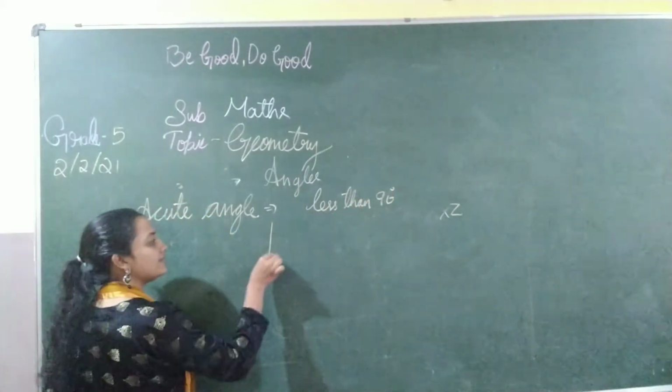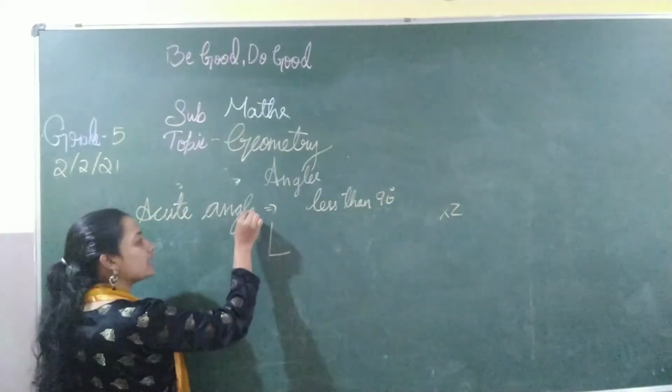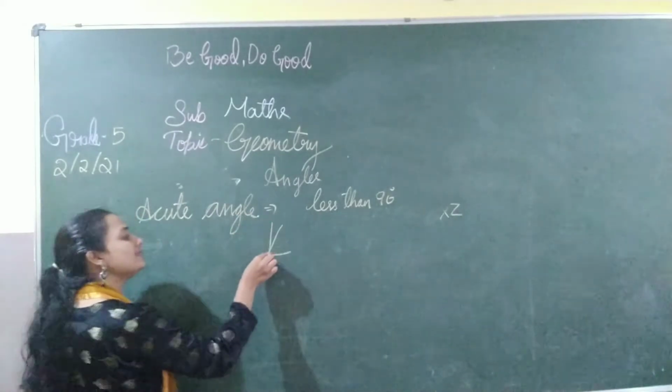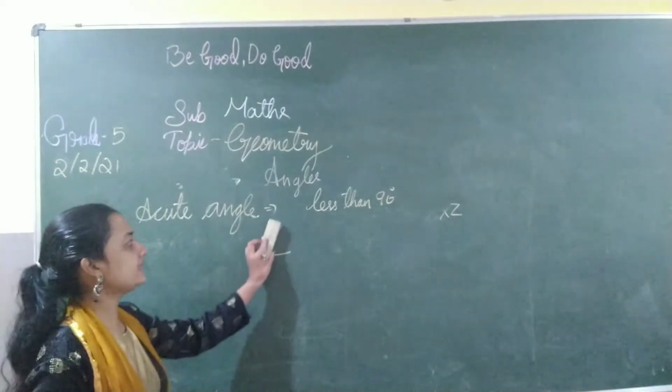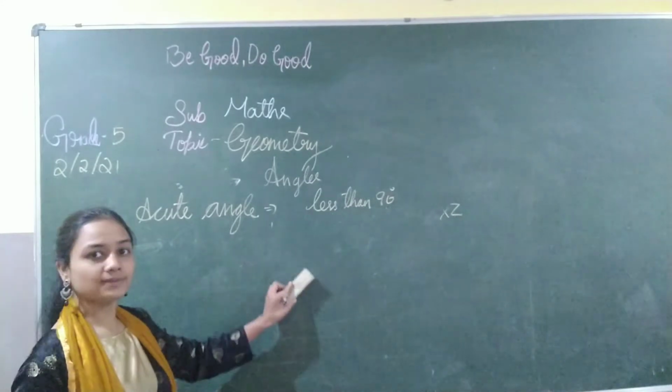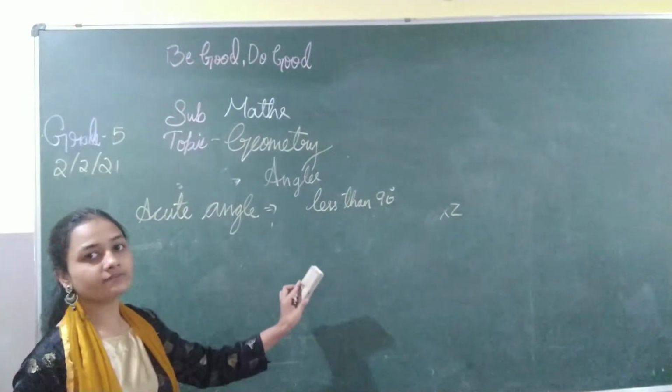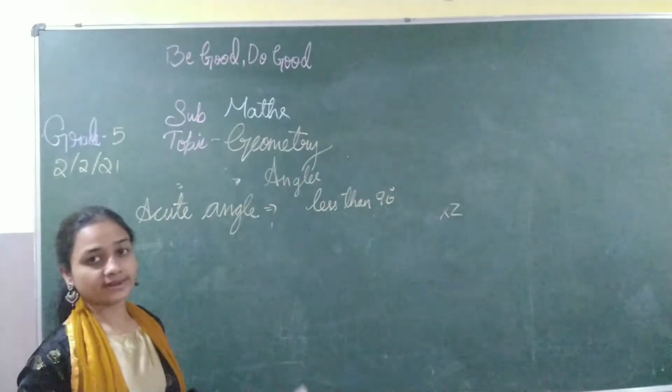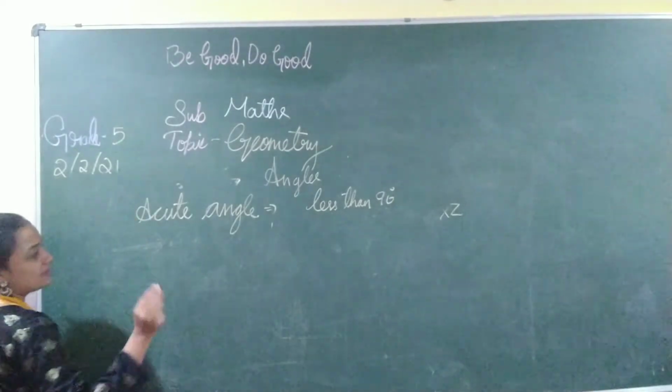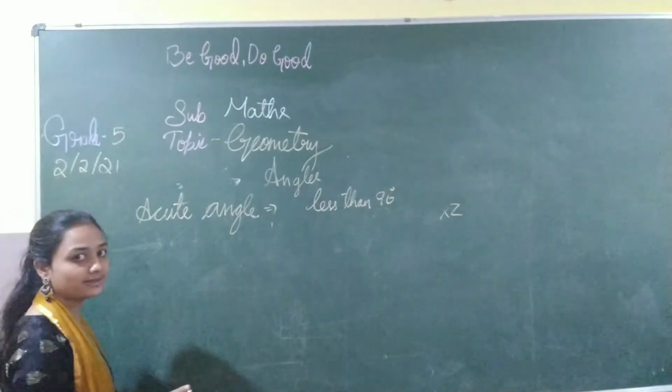You know this is 90 degree, right? So the acute angle means it should be less than 90 degree. It may be 89, 69, 79, but it should be less than 90. Not equal to 90, not more than 90 also. So such type of angles are called acute angle.